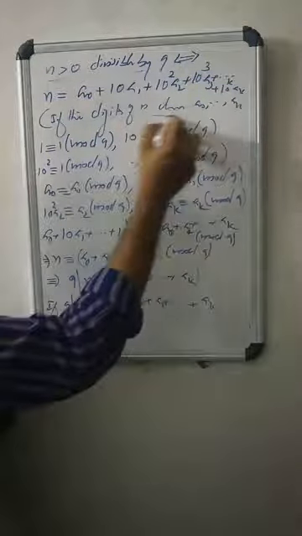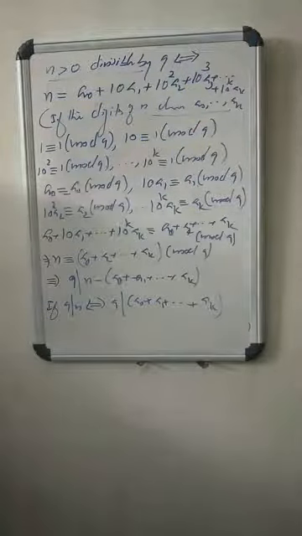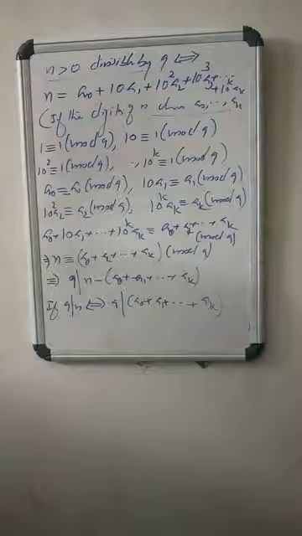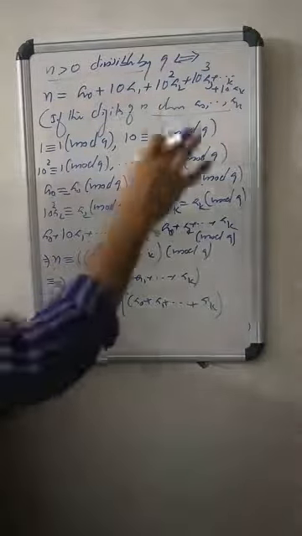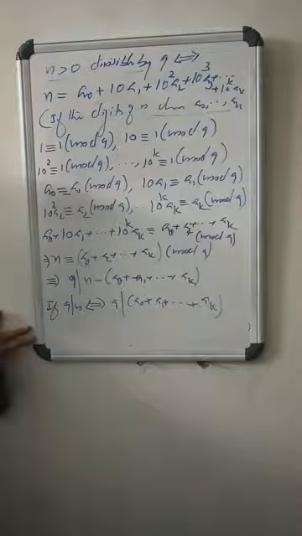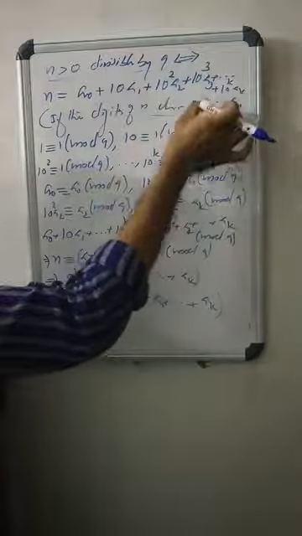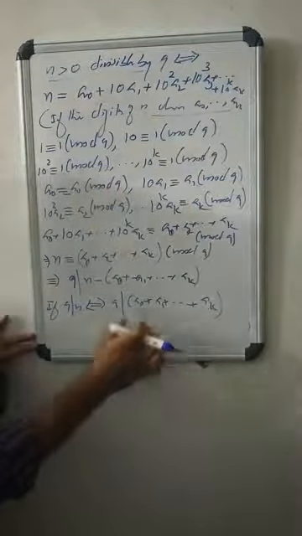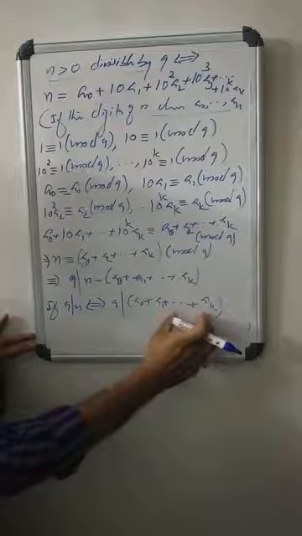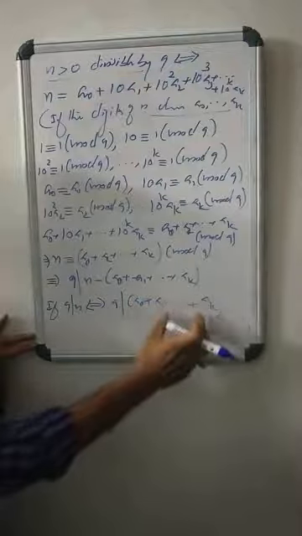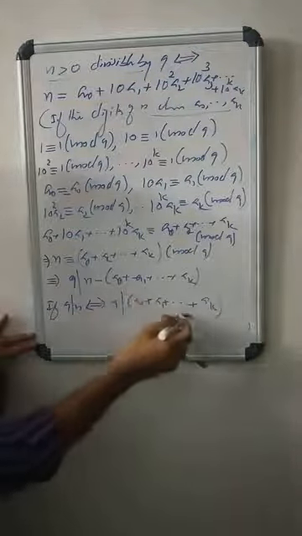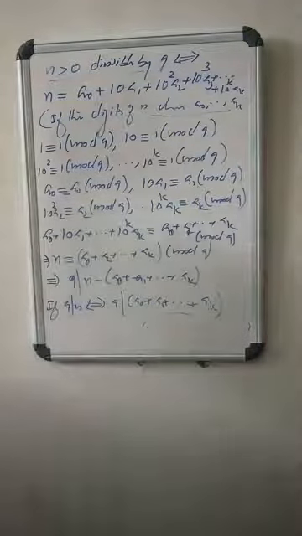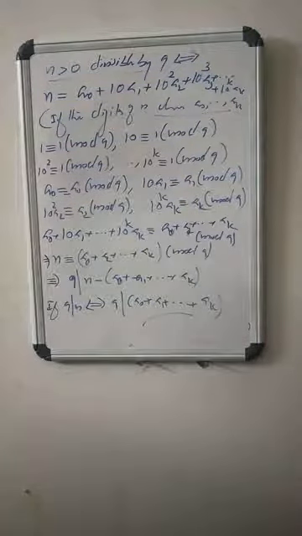So when 9 divides n, 9 divides a0 plus a1 plus etc. plus ak. What are a0, a1, etc., ak? They are the digits of n in decimal notation. So 9 divides a0 plus etc. plus ak means 9 divides the sum of its decimal digits. So 9 divides n is implied by 9 dividing the sum of the digits of n. Agree?